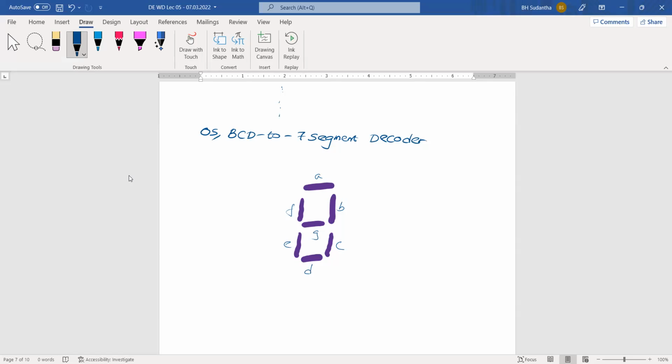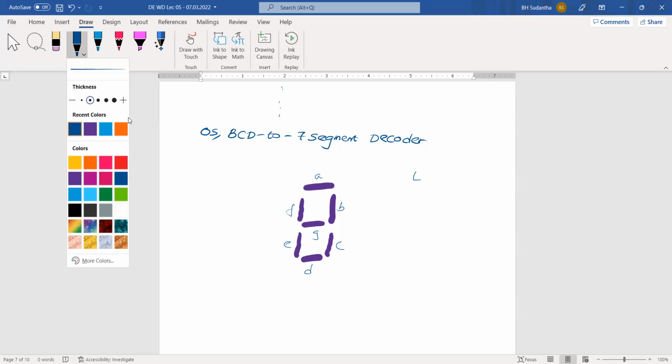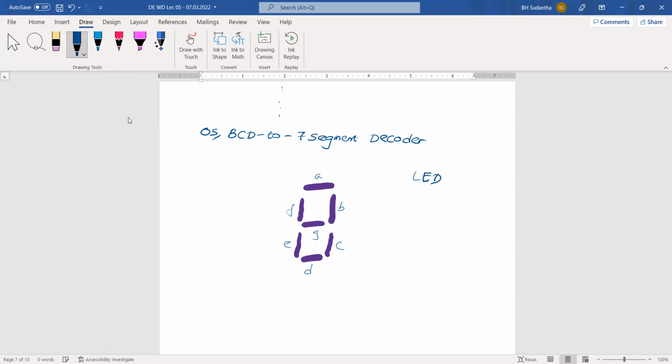These segments may be LED or LCD, both versions are available. Normally, to drive LCDs we need a special kind of driver, but generally LED displays are available, and they are very easy to use.